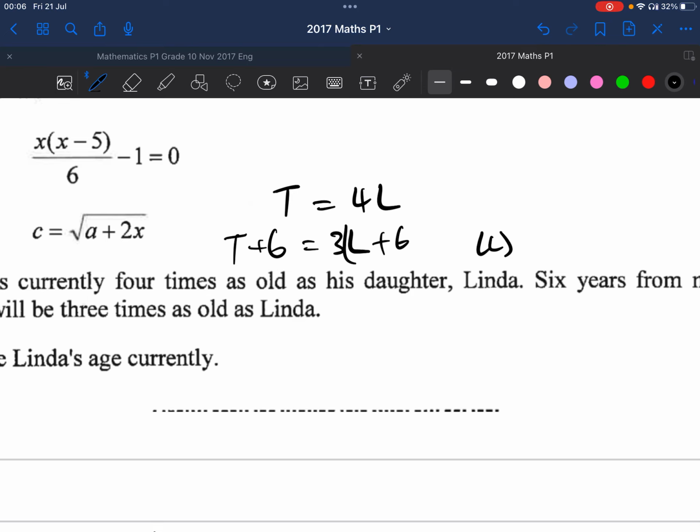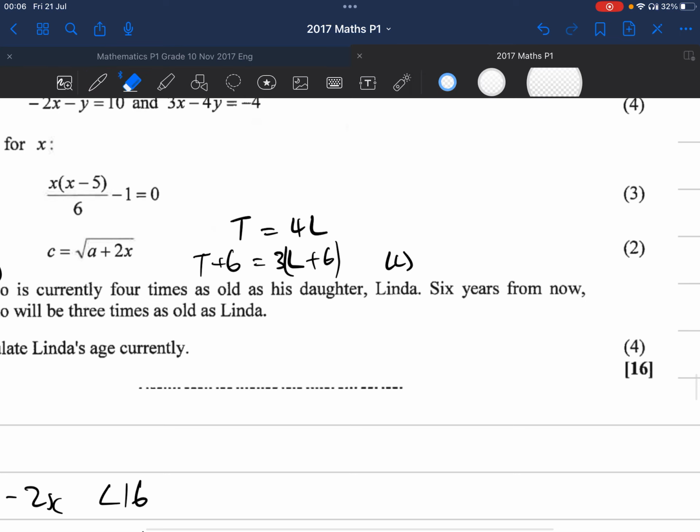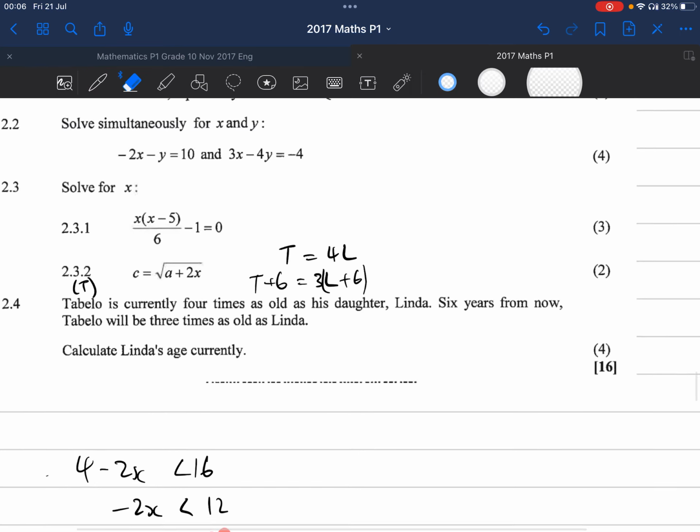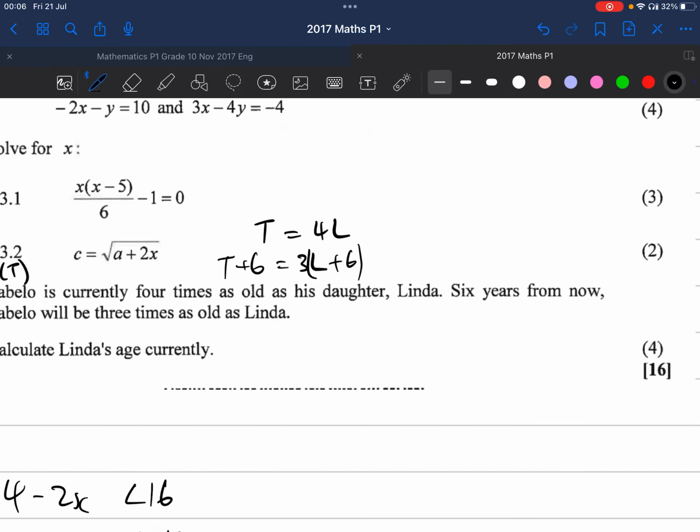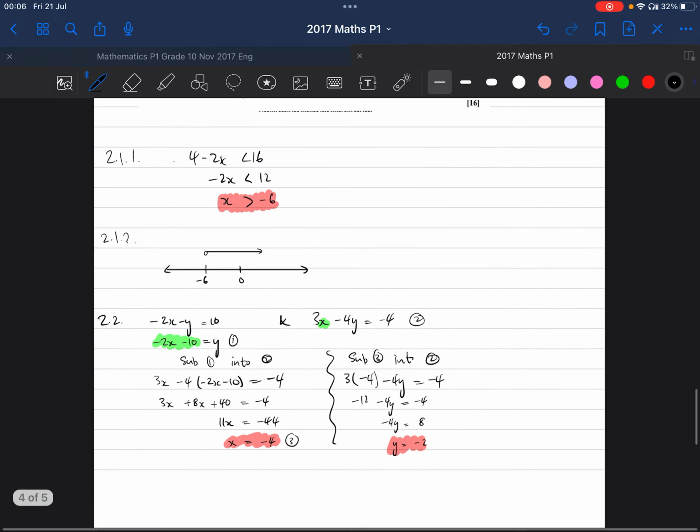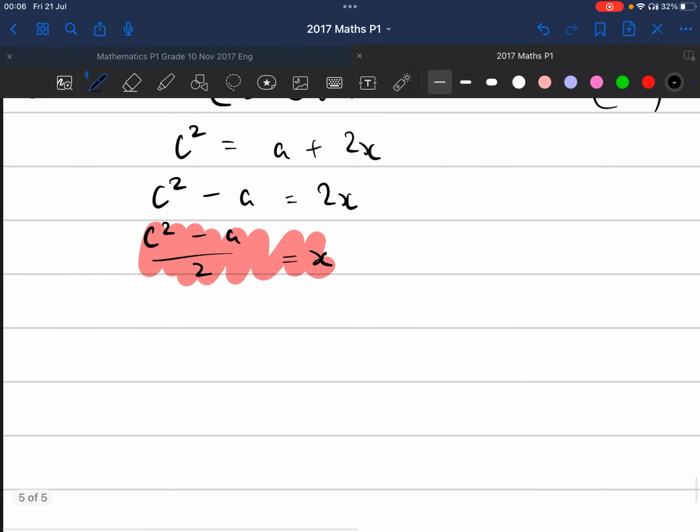Okay, so now you can see that we have 2 equations, and this looks like simultaneous equations, right? Because we have 2 unknowns and 2 equations. So I'm just going to rewrite those 2 equations down here.